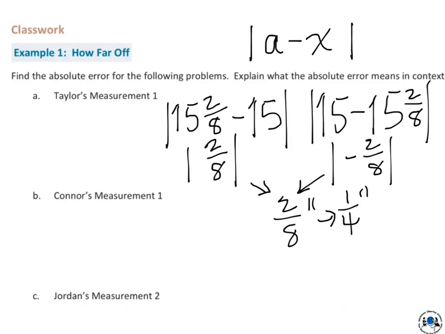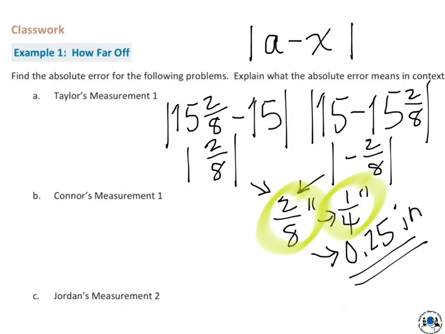We could also look at it in terms of a decimal value, and we can say it's 25 hundredths of an inch, as a decimal. So all of these answers here are correct. Those are the absolute error in Taylor's measurement 1. And again, I just did these two side by side to show you that they both work exactly the same.